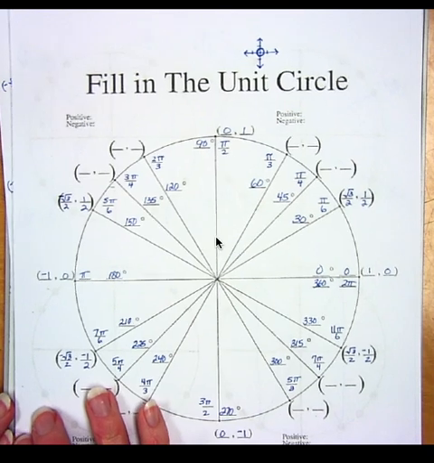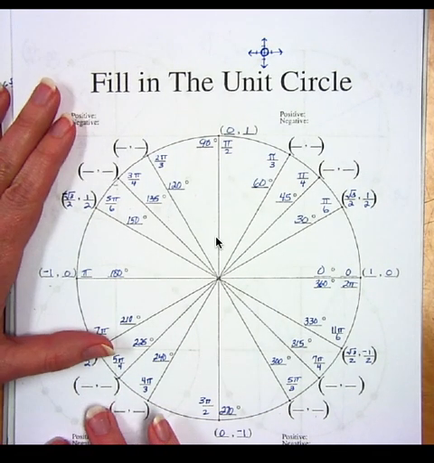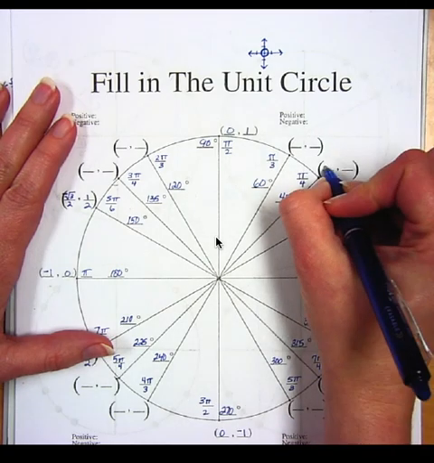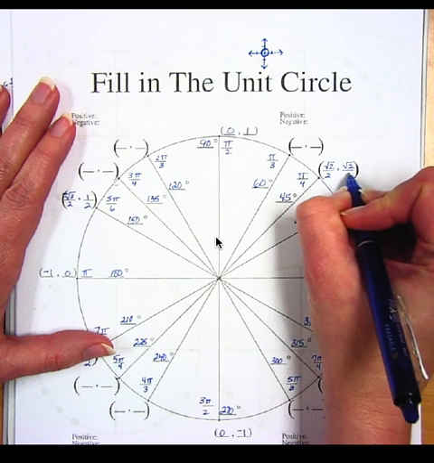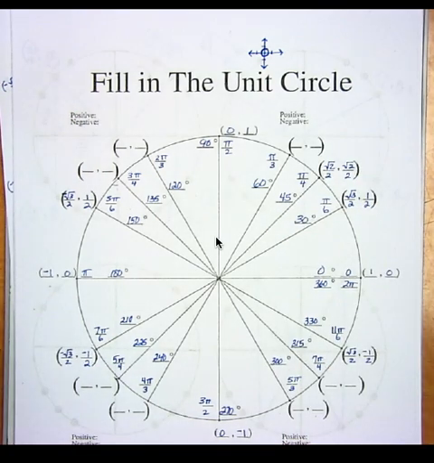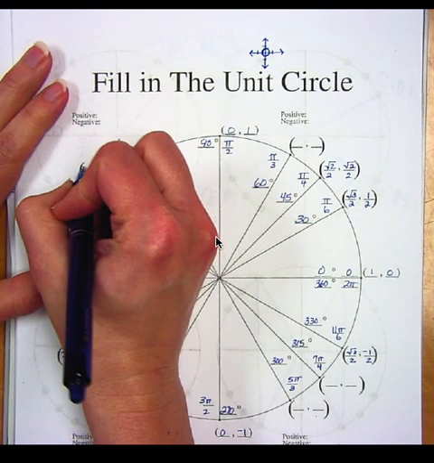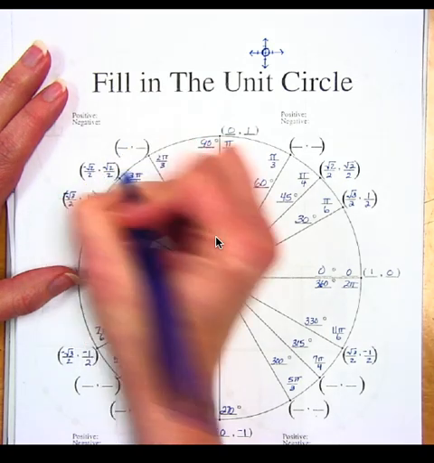Okay, so we need to bring those to the front. What degree measure does the first one go on? 45. Okay, what's the next radian measure that we put that on with the sign change? 3 pi fourths. So we have a negative square root of 2 over 2 and a positive square root of 2 over 2.